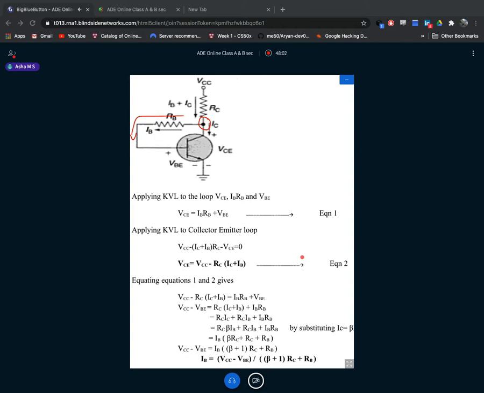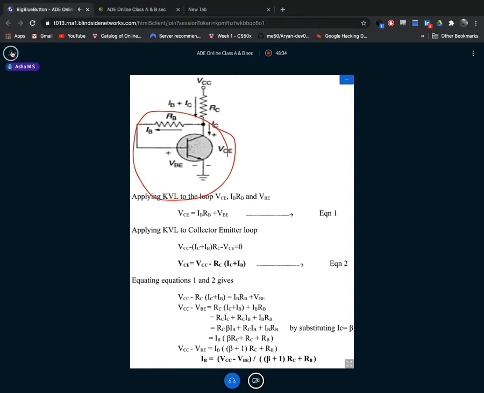When you apply KVL, starting with minus plus, VCE minus IBRB minus VBE is equal to 0.